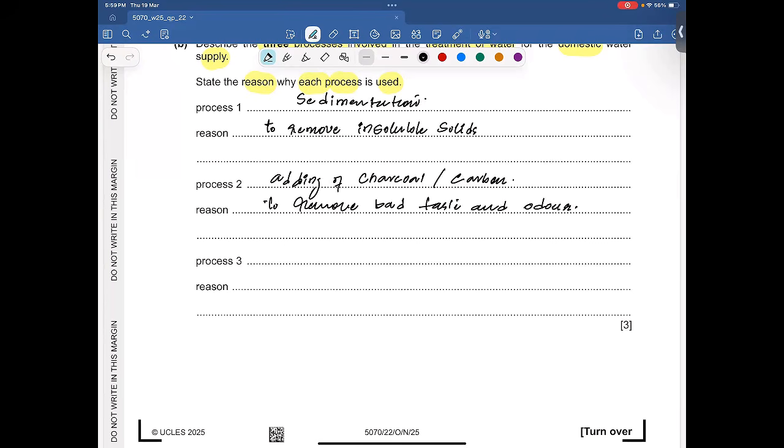Process 3, chlorination, to remove germs and bacteria, or to remove microbes can also be the correct option. Okay.